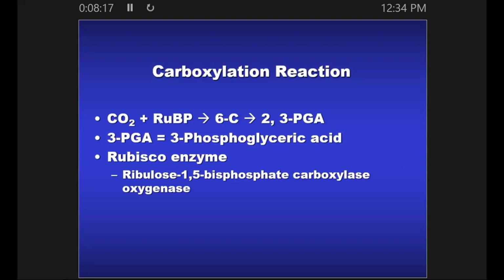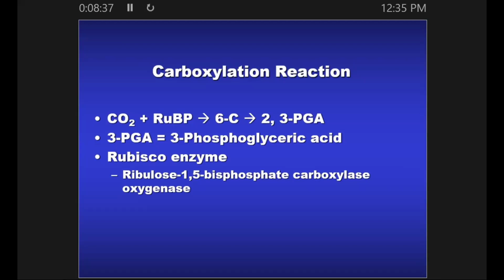So anytime you see ACE on the end of a word, it's an enzyme. So this is a funky enzyme because it can do 2 different things. It can carboxylate, which is what is being shown in the first bullet point, that's carboxylation, where RUBP is reacting with CO2. So that's all great.